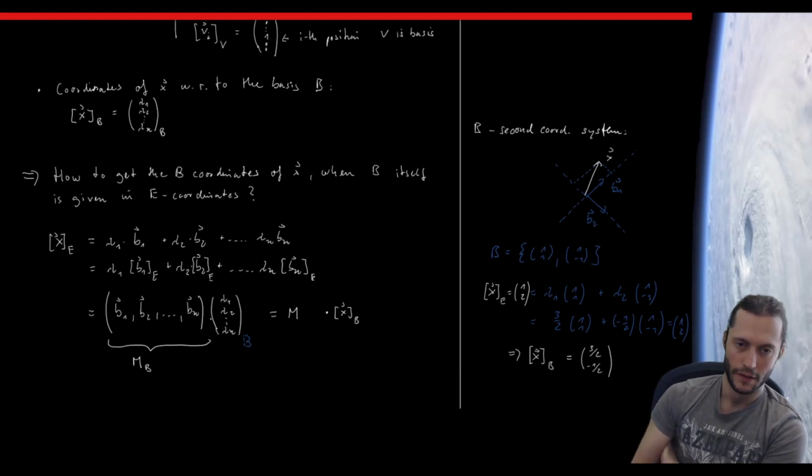Starting means which vector we multiply the matrix on, and this vector comes from B. And then comma, the basis of the space where we're going to, meaning the result we get.